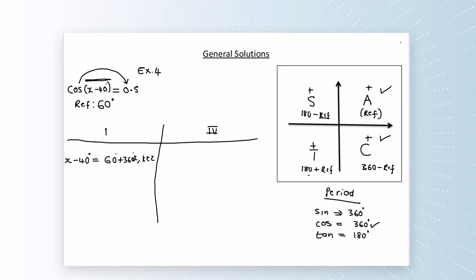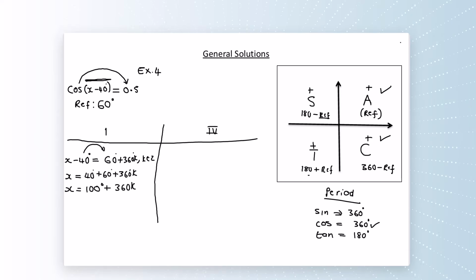We need to solve for x. Let's transpose the minus 40 to the other side. So it's going to be x equals positive 40 plus the 60 plus the 360 degrees k. x equals 100 degrees plus 360k.